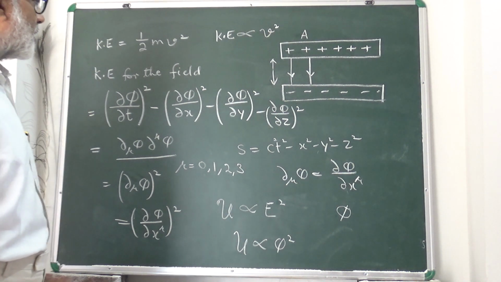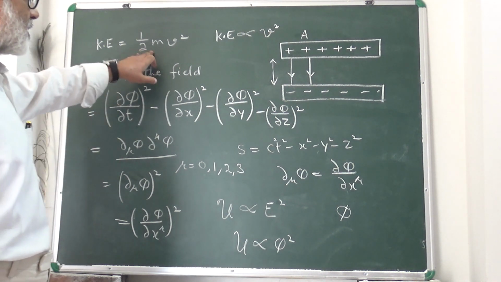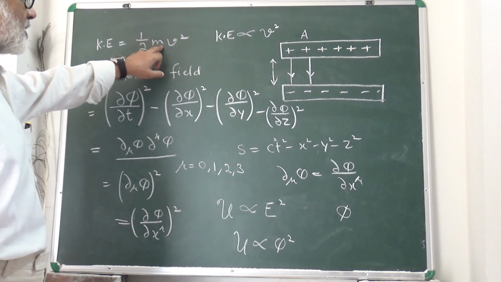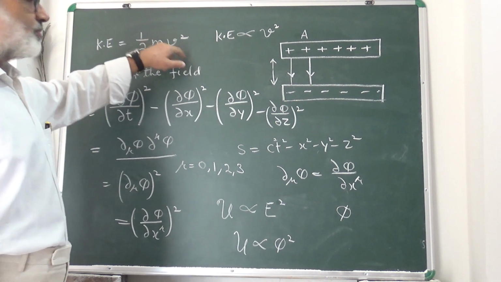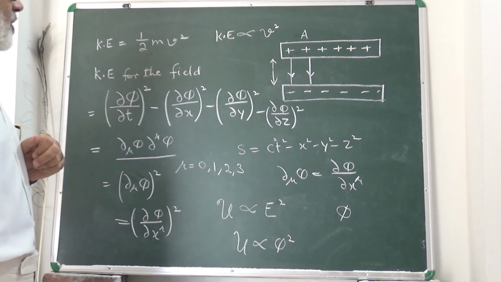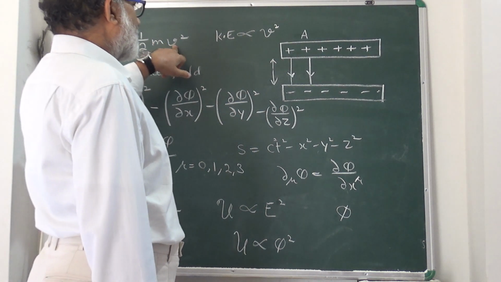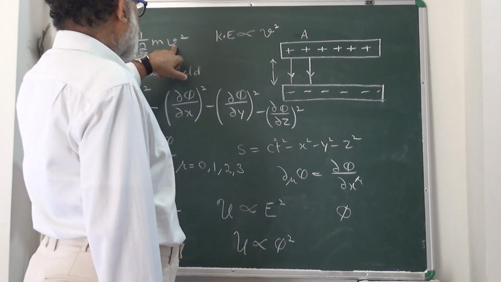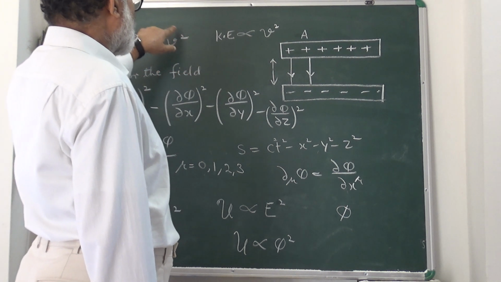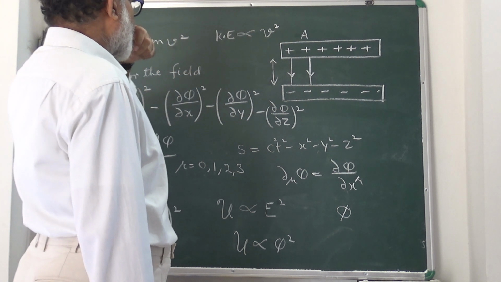Now the kinetic energy for a particle of mass m is given by half m v square, where v is the variation of the position with time.